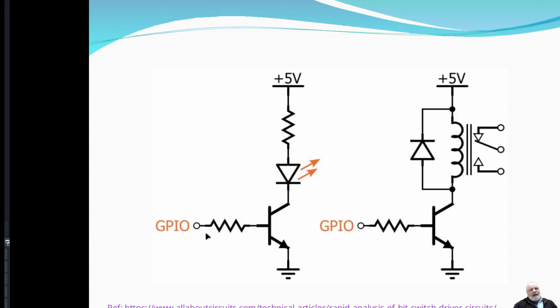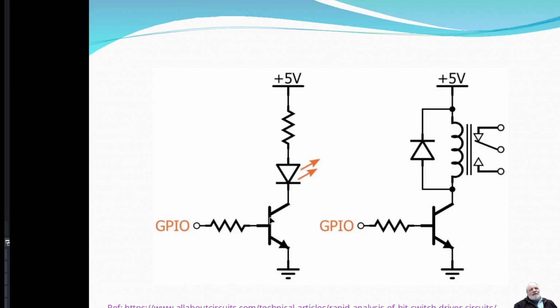So based on that, you want to choose this value of resistance such that your current doesn't exceed what your GPIO can output. If you're using a Raspberry Pi or a BeagleBone sort of device, I would say make sure you don't go above 4 milliamps, and you can choose this resistor to ensure that.